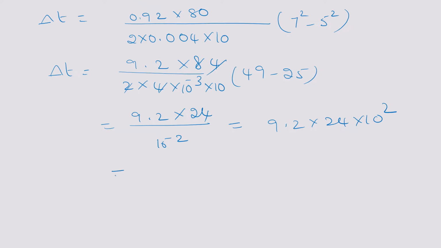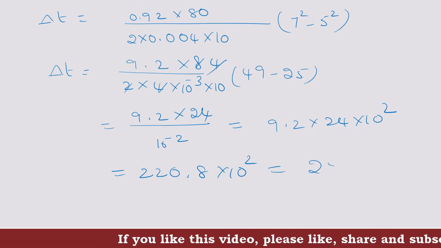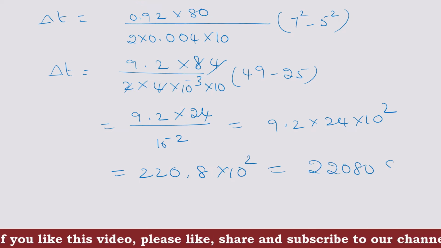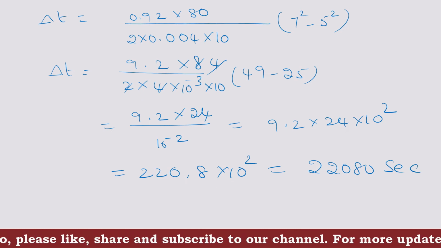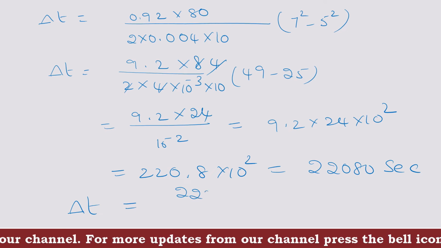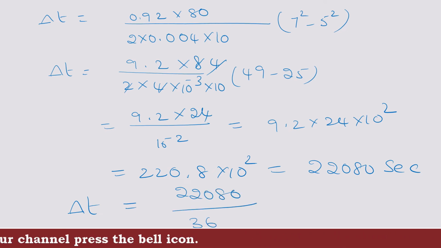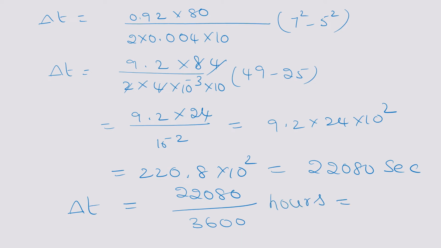So that is equal to 220.8 into 10 square. So this can be written as 22080 seconds. So total required time is equal to 22080 by 3600 hours. So that is equal to 6 hours. Okay, required time is equal to 6 hours.